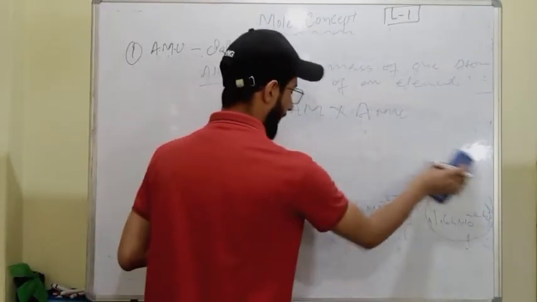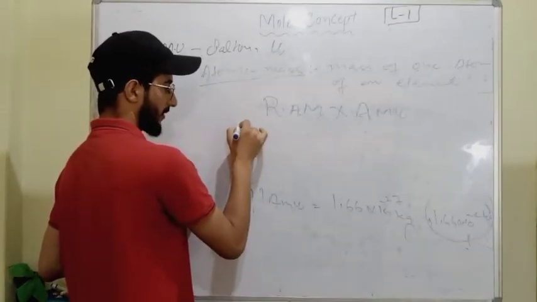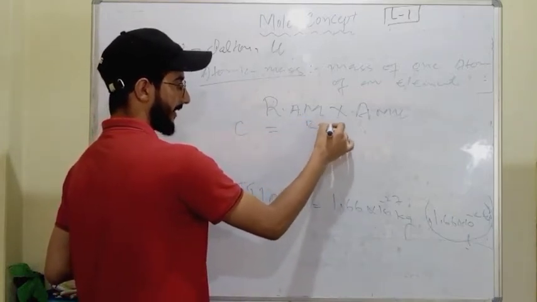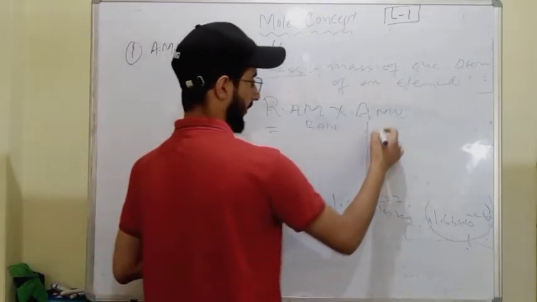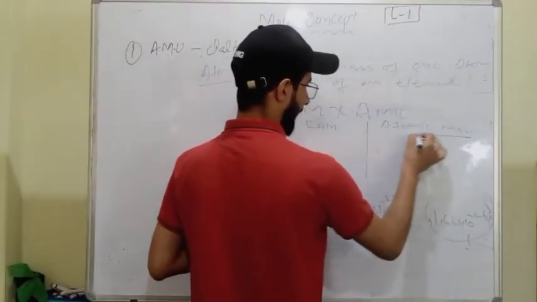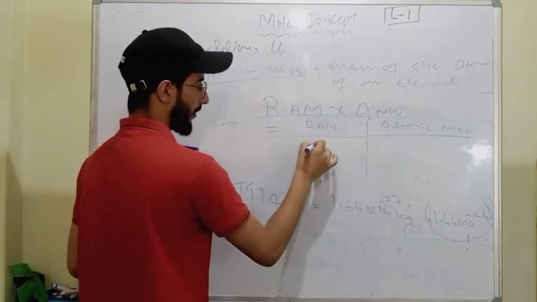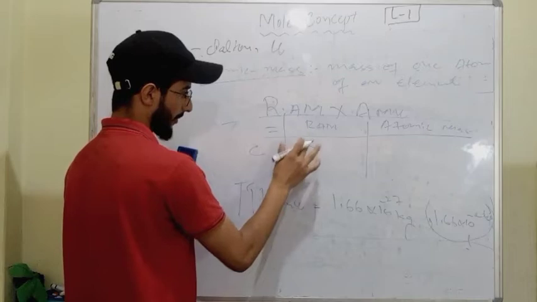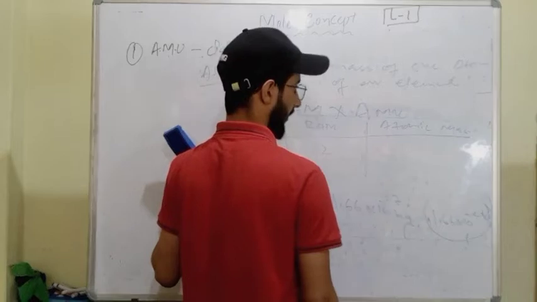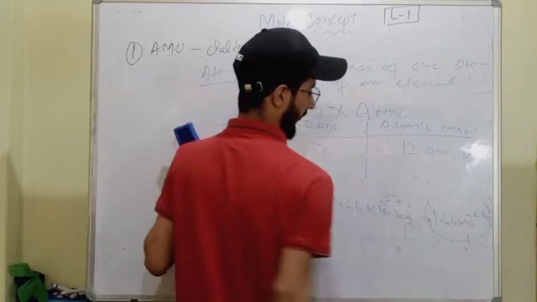So if I'm calculating the atomic mass, first we will consider carbon. I will write here the relative atomic mass and the atomic mass. The first element is carbon. The relative atomic mass of carbon is 12, and the atomic mass will be 12 AMU, or U, unified mass.